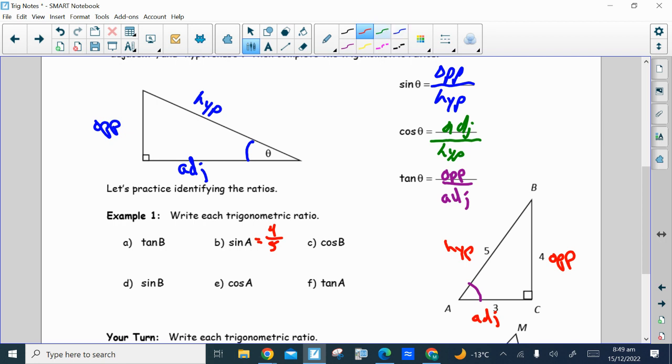For cosine, according to SOHCAHTOA, it's adjacent over hypotenuse. The adjacent is 3, the hypotenuse is 5. And for the tangent of A, SOHCAHTOA tells us that tangent is opposite over adjacent, which would be 4 over 3. So there are the three ratios for angle A.